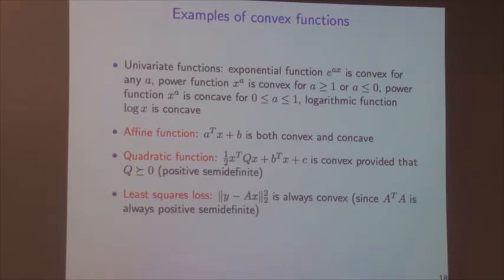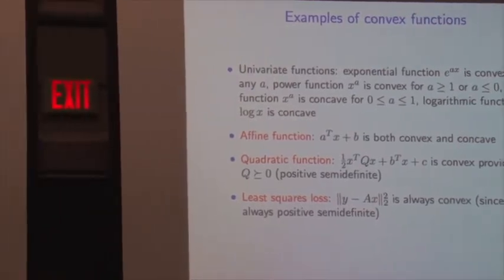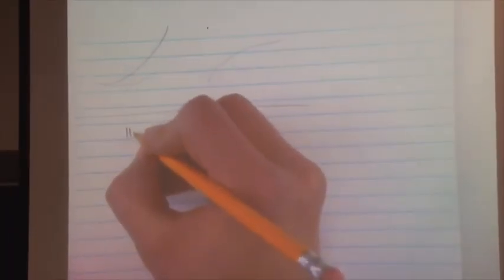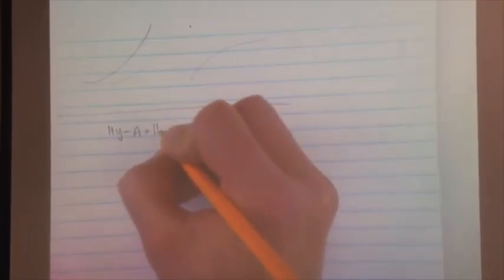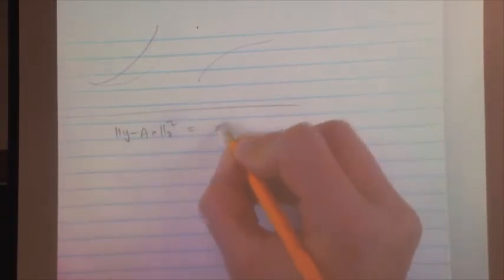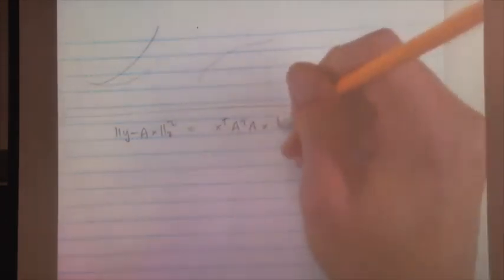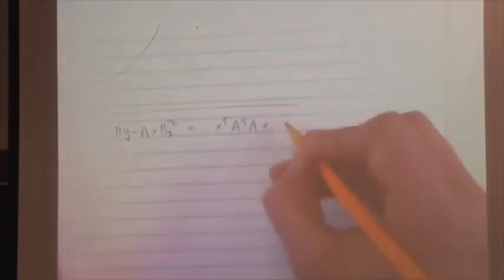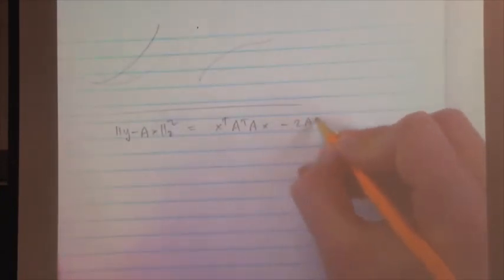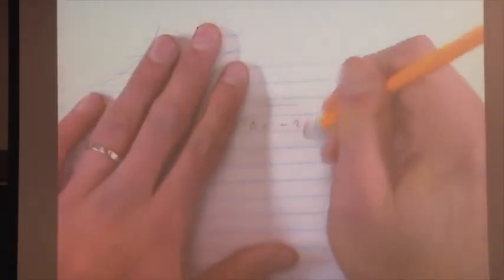And the least squares loss is always convex in, say, x. This is important to know because we use least squares all the time. Why is that? It's because this is just a quadratic function. This is equal to x transpose A transpose A x minus 2 y transpose A x plus a constant.